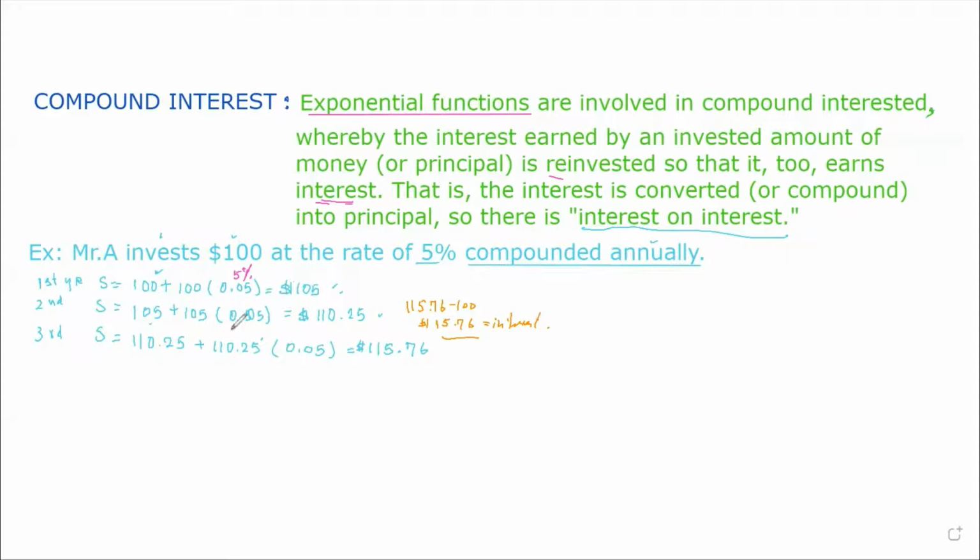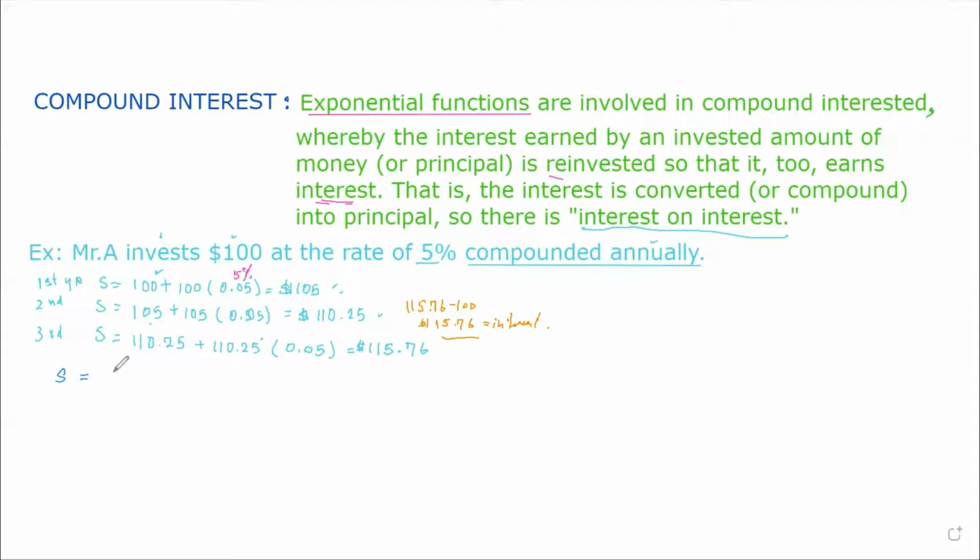Now from this, we can find a formula for compound interest, correct? For example here, assume the sum is the total, that means principal plus interest. We have 100 as the principal, the original amount you invest.